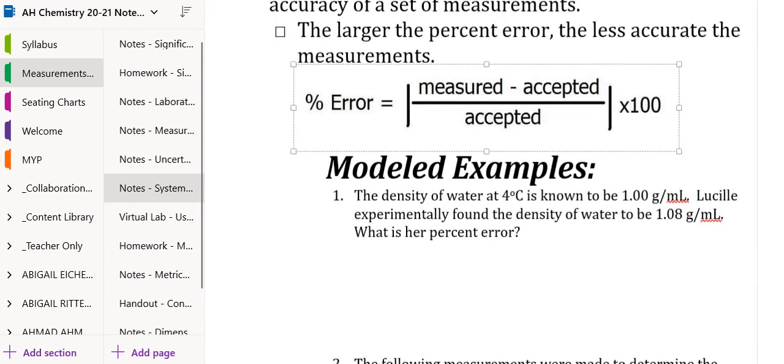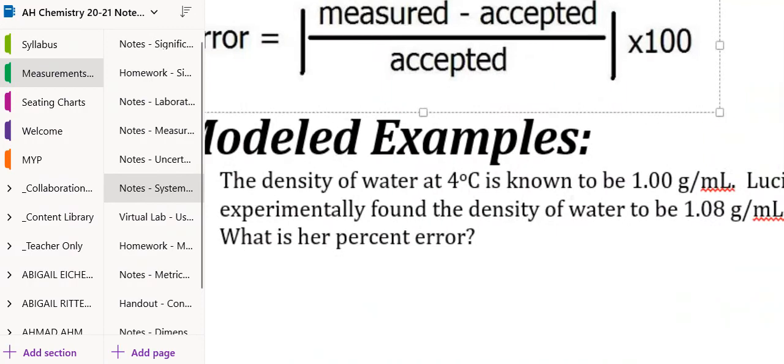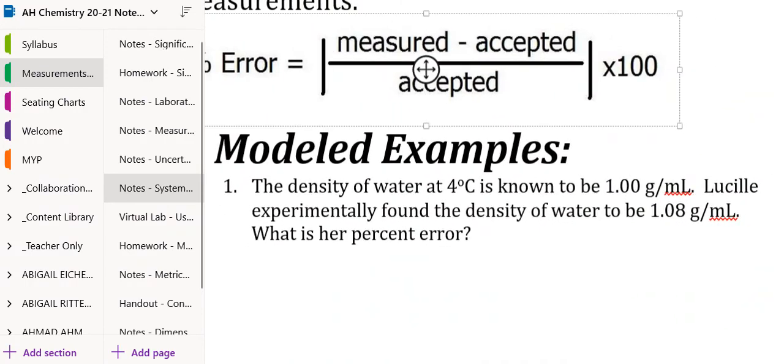So let's look at an example together. The first example says the density of water at 4 degrees Celsius is known to be 1 gram per milliliter. Lucille experimentally found the density of water to be 1.08 grams per milliliter. What is her percent error?